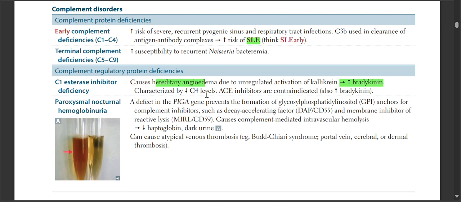Increasing potassium. Lower potassium or higher potassium? Higher, right? Higher or lower? Both? So that would be normal. So potassium really doesn't change?